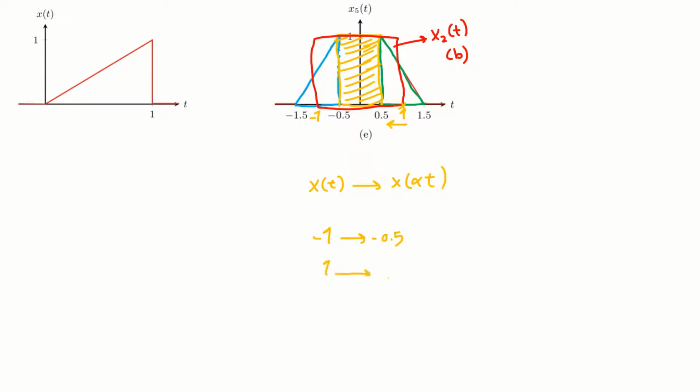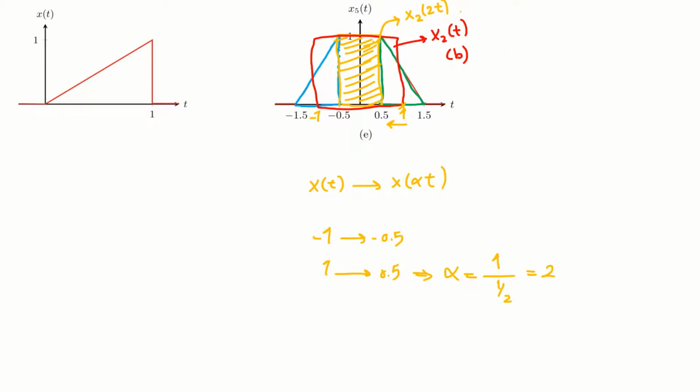Considering this, we can calculate alpha by dividing 1 by 0.5, which is 1 over 1/2, and that says alpha equals 2. So if I want to compress this signal, I should set alpha equal to 2. That means this yellow part equals x2(t), but with alpha being 2, so x2(2t).